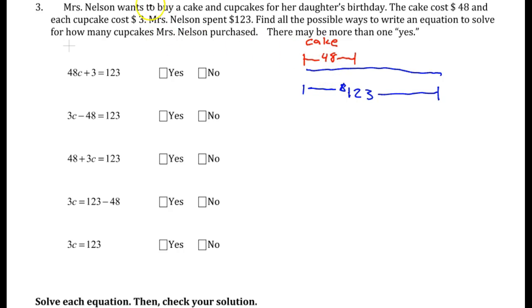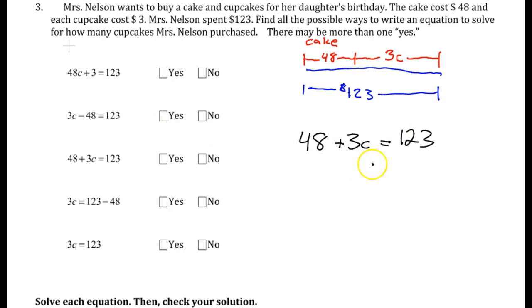And we know that there are a number of cupcakes that cost $3 each, so the rest to get to $123 is going to be $3 times however many cupcakes we purchased. And so I know that the 48 plus the 3 times my cupcakes should add up to 123. So 48 plus $3 for each cupcake is going to add up to $123.